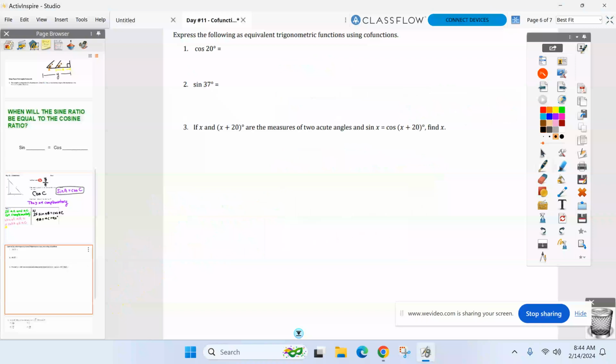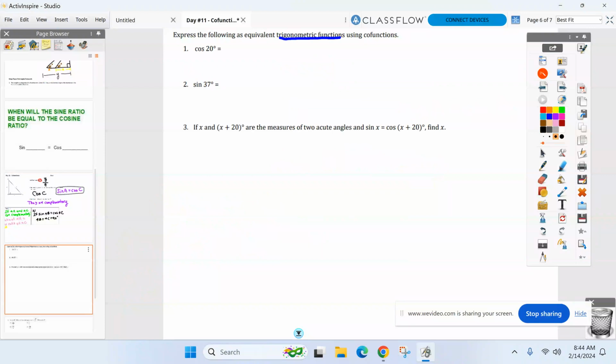All right, let's try a few now. I know I put some hardcore vocab in the directions. Express the following as equivalent trigonometric ratios. All that means is rewrite this using sine, cosine, or tangent. So I have cosine of 20. What other value would give me cosine of 20? Again, I don't want to know what it's equal to.